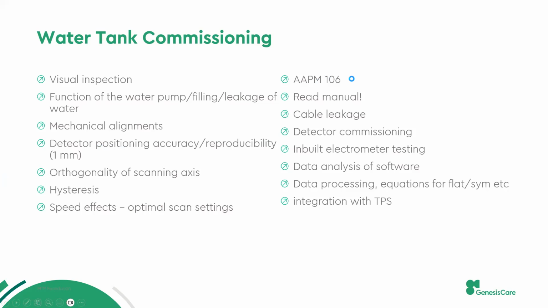But if you want to refer to a document, then TG-106 is the right document. And one important thing is, read the manual as well. Cable leakage and whatnot. And then you said you will analyze the data and compare with your baselines, whether it's working or not. Some of the software you have has built-in protocols, right?